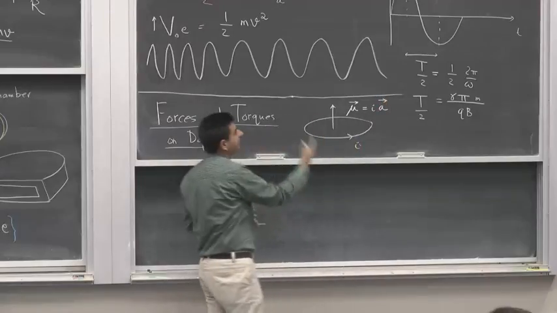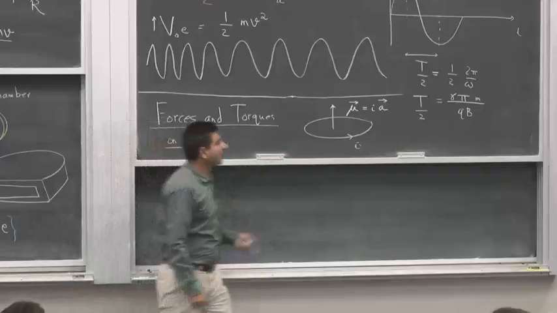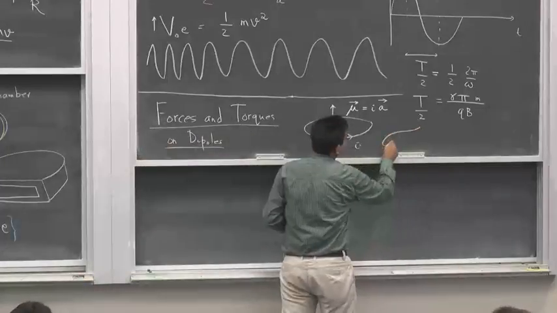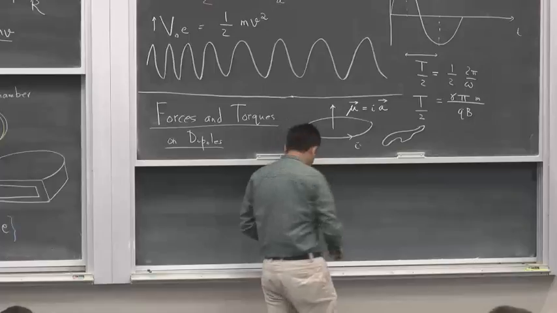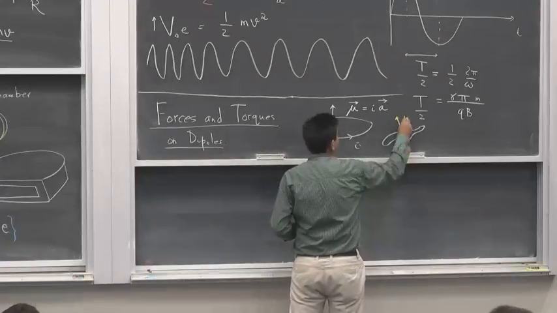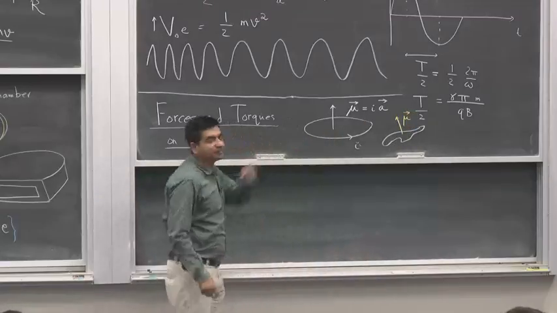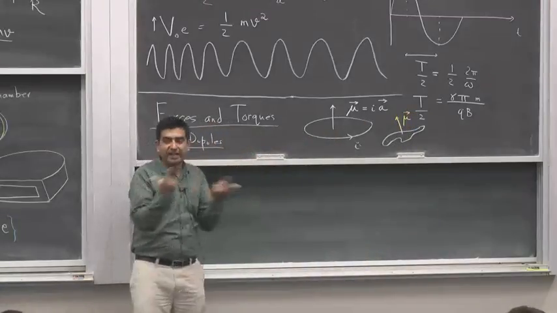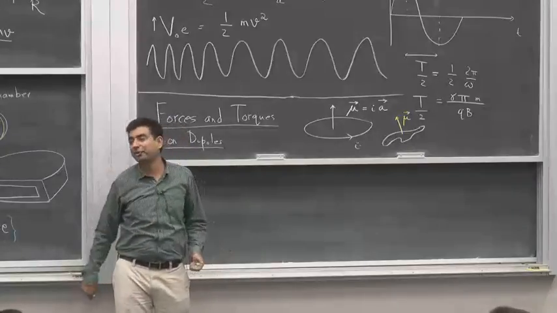The area vector is just normal to the plane of the loop. Remember, this loop can be circular, this loop can have an arbitrary shape. Okay? So in this case, I can still define a magnetic moment mu. It's given by I times A. Now this magnetic moment, it's a dipole. Okay, it will produce a field. We know that field drops off as 1 over r cube.